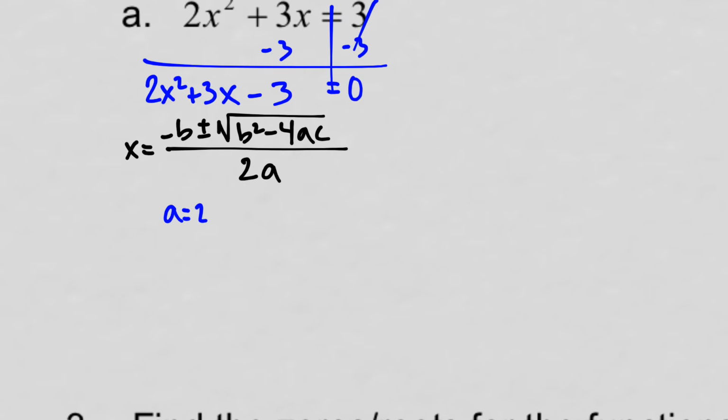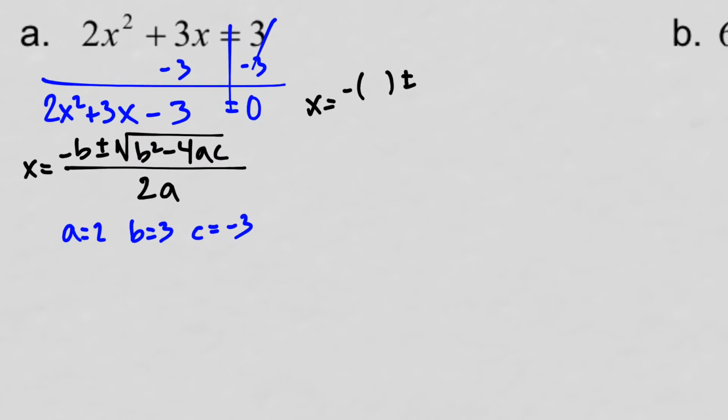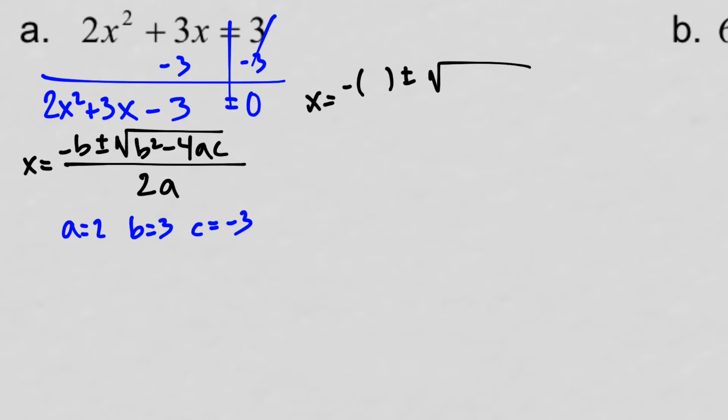A is 2, b is 3, and c is negative 3. So we're going to plug those three numbers into our quadratic formula. So it's going to look like this. X equals negative b plus or minus the square root of b squared minus 4ac all over 2a.